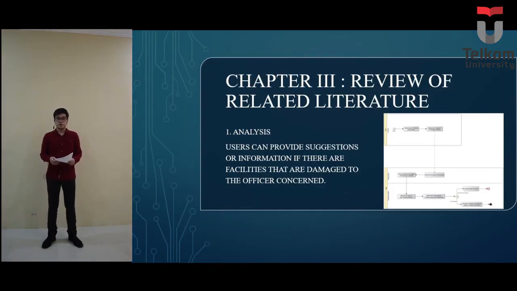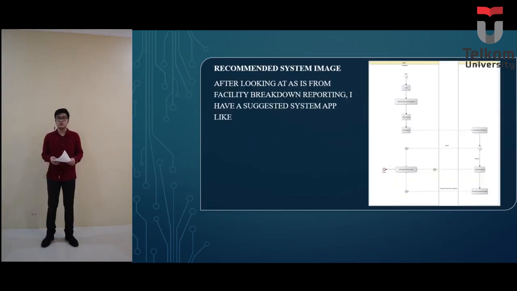For the analysis, users can provide suggestions or information if there are facilities that are damaged to the officer concerned. And this is the recommended system image. After looking at the as-is facilities breakdown reporting, I have a suggested system that looks like this.